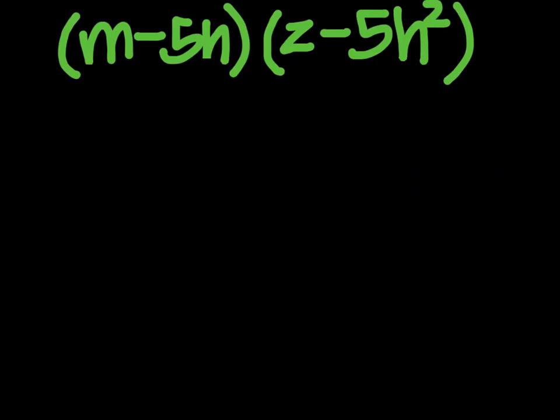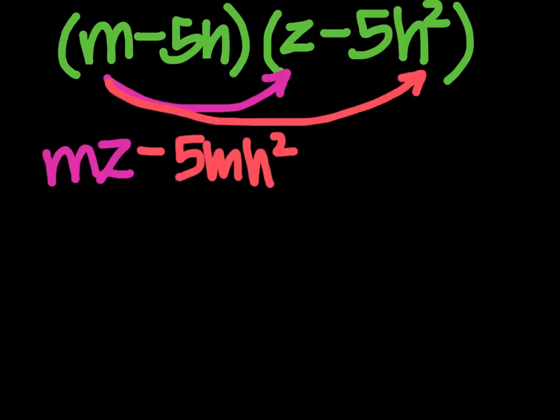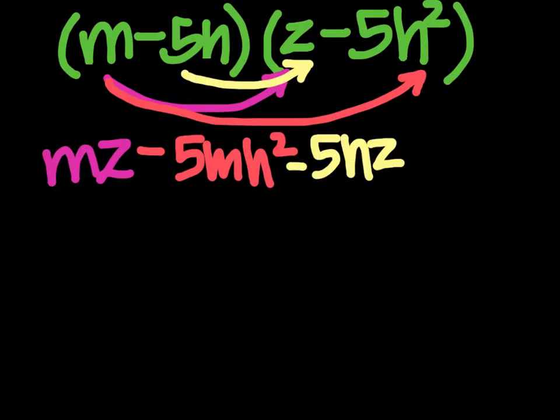So now we can check our work by FOILing out this binomial and making sure that we get our original polynomial. So first, m times z equals mz. Outside, m times negative 5h squared equals negative 5mh squared.